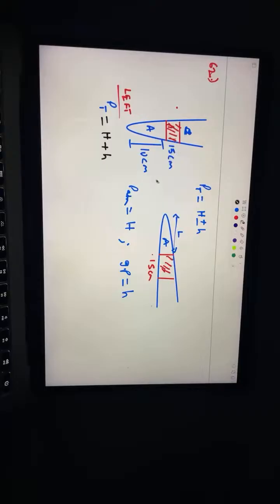The small h is actually this length of the mercury column. Please take note of that, because that's how much distance you need to travel down before you reach the air. So that is that. Now for the right hand side, let's do the same analysis.